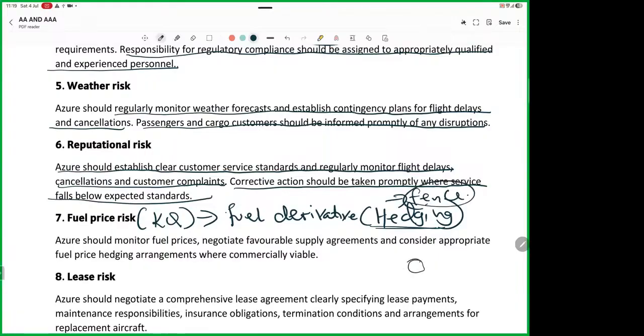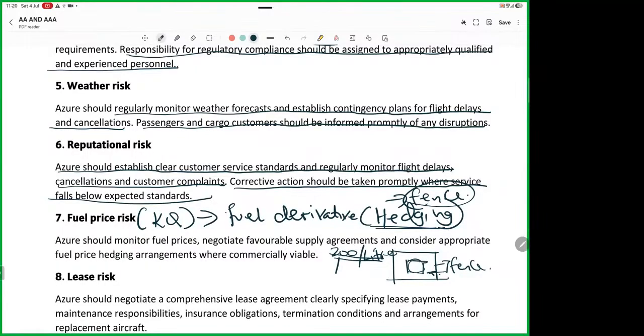Whenever there are risks, ladies and gentlemen, it's important that, if this is our home, we need this fence to protect ourselves against any bad intruders, thieves, for example. The same case with this fuel derivative. You simply organize with people outside there, you transfer that risk, such that if fuel, for example, hits more than say 200 per liter, this is the maximum we can ever pay.